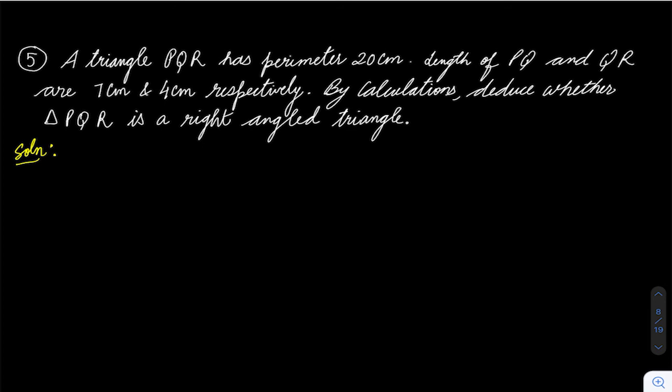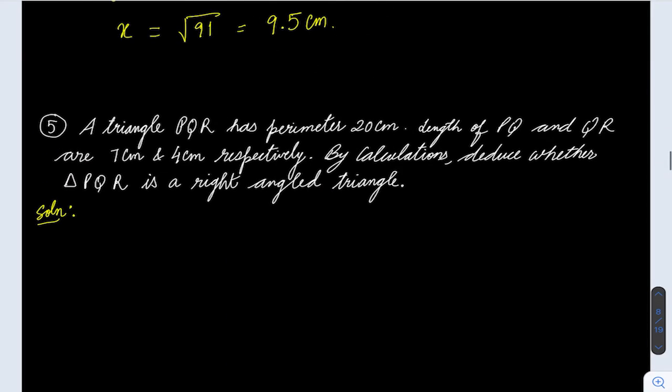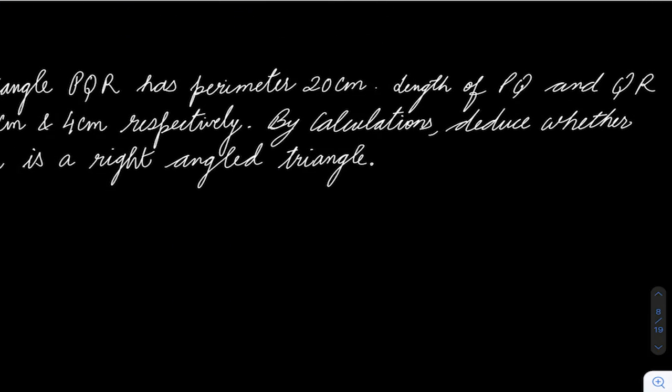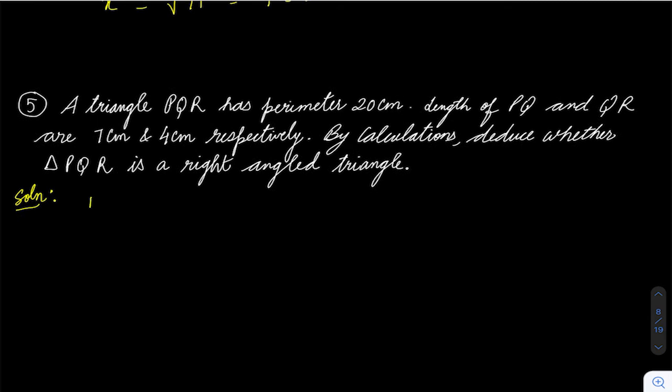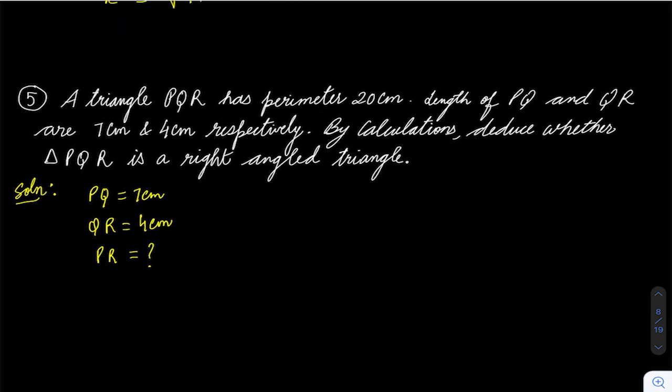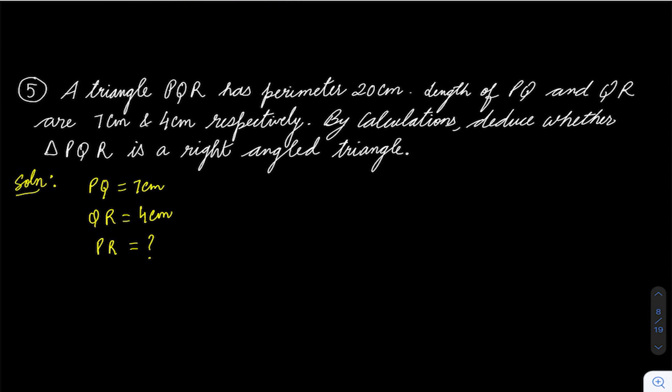So let's first find the sides. PQ is 7 centimeter. QR is 4 centimeter. But we don't have the length of PR. Okay. So now perimeter is given as 20 centimeter. What is perimeter? Perimeter is the sum of all the sides of a triangle, right?